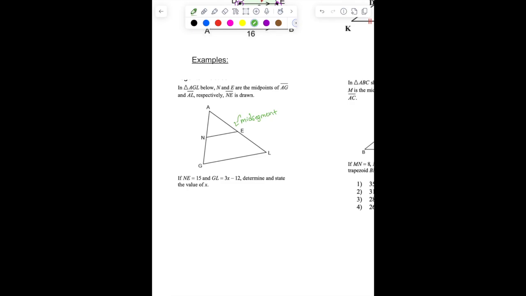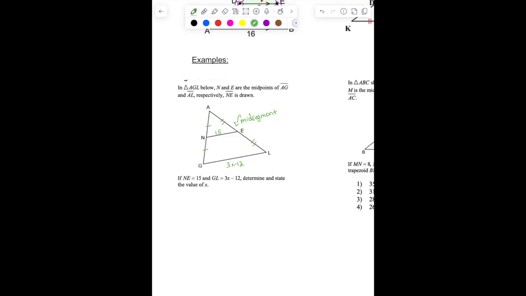If N is the midpoint of the side that's on AG, then it splits AG into 2 equal parts. And if E is the midpoint of the side that's on AL, then it splits AL into 2 equal parts. We're also told that NE is 15 and GL is 3x minus 12. And what we're looking for is the value of x.